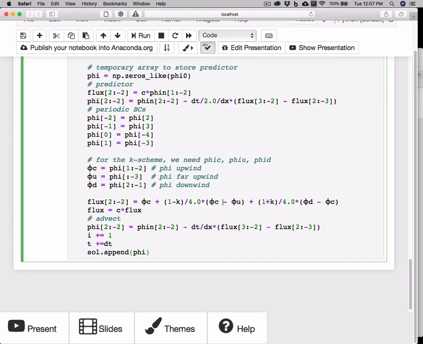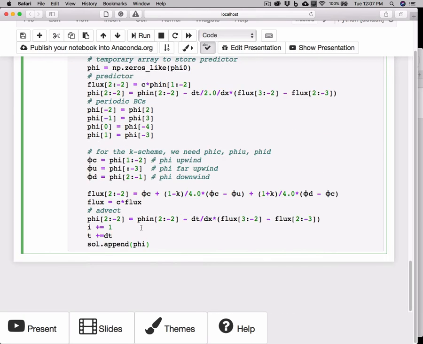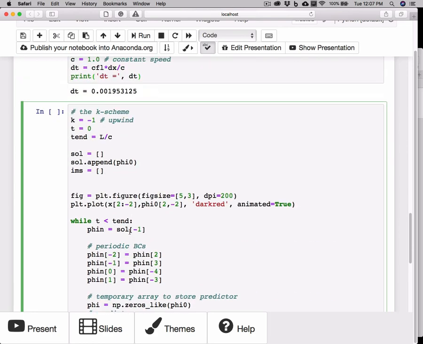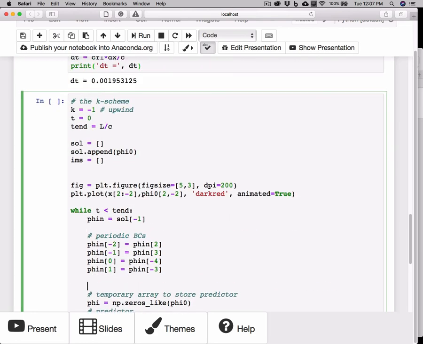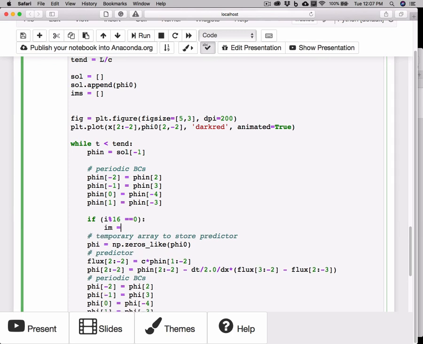Okay. Now, for each one of those, I'm going to make a plot, so that I remember how I did it. So let's say every 16 time steps, I'm going to make a plot.